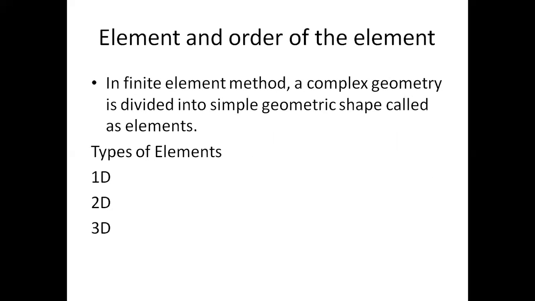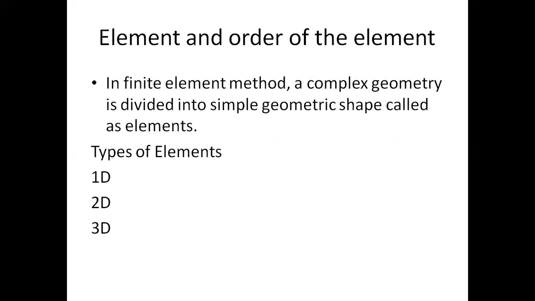Okay. Next one is what is meant by element and what is the order of element. In finite element analysis, complex geometry is divided into small shapes. It's called an element. We already know the basic concept of FEA is dividing complex geometry into small parts.